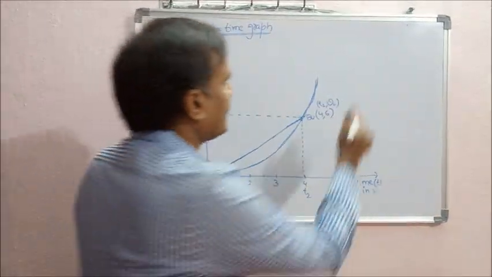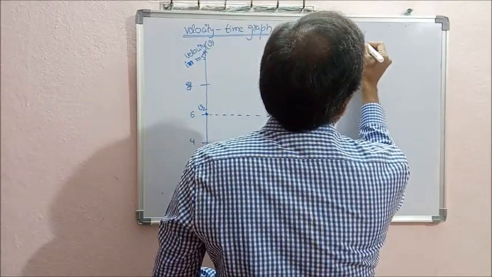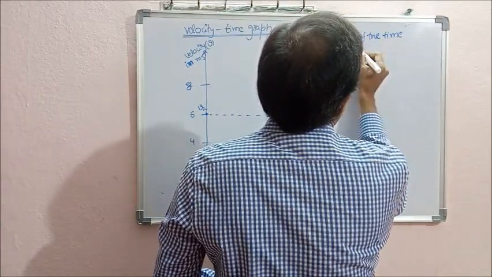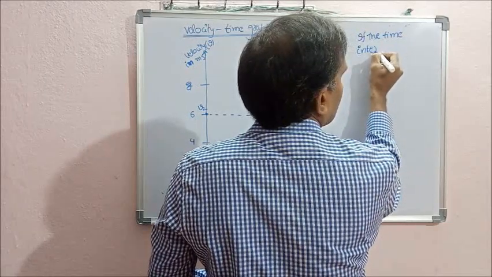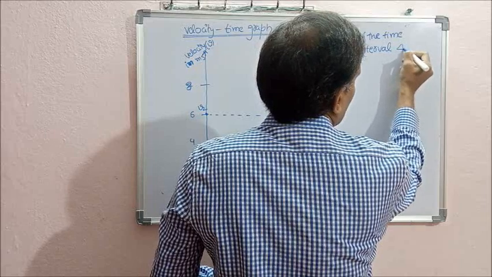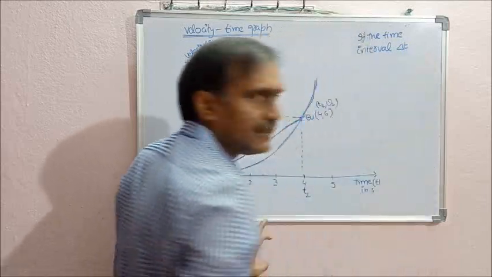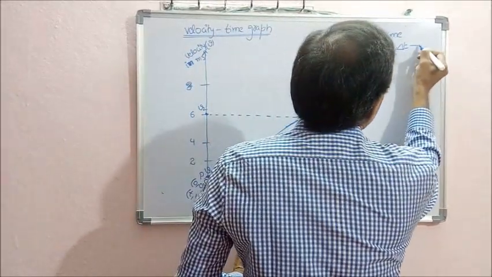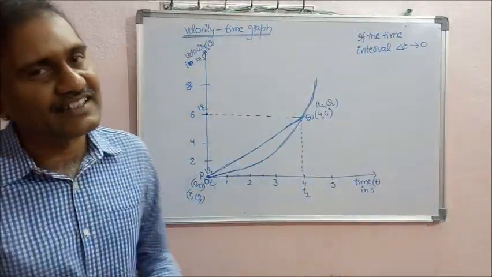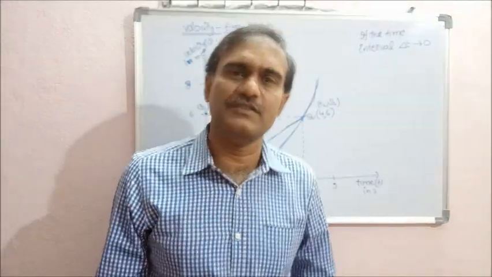If we decrease the time interval and it approaches 0, I am assuming that the time interval is delta t. Delta t tends to 0. Already we have discussed it. It is 0.00000001 seconds.